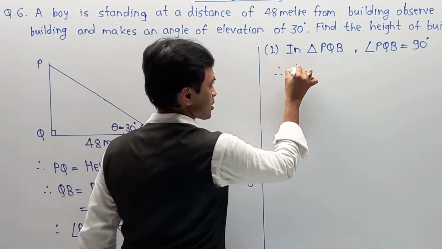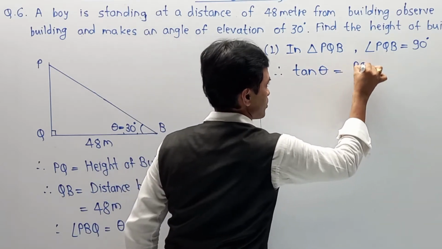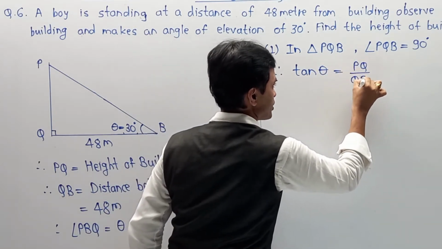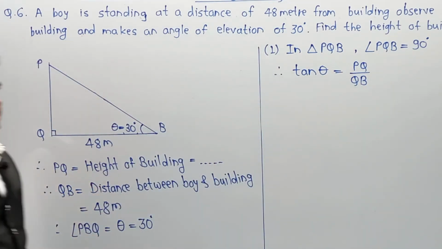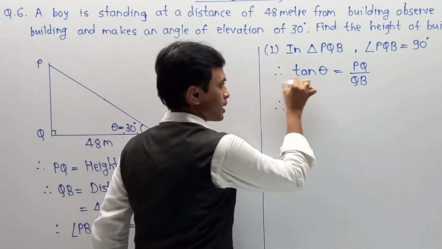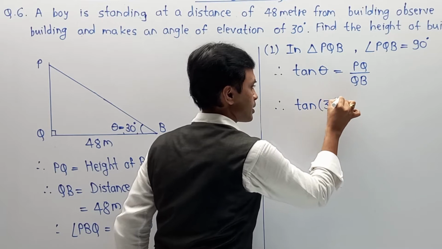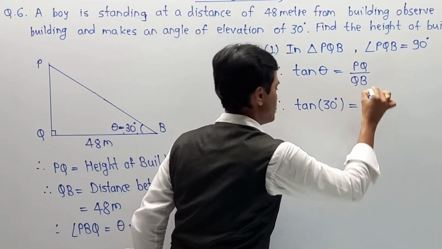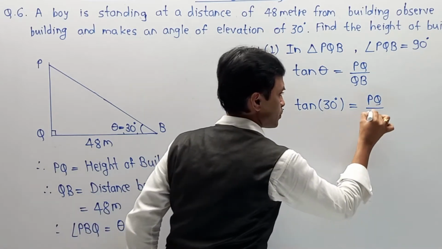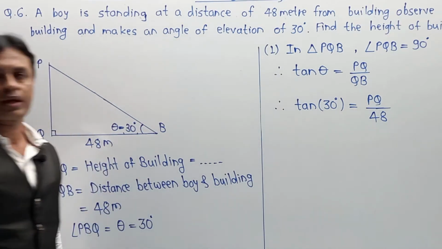Therefore, tan theta is equal to PQ upon QB. Now tan theta means tan 30 degrees is equal to PQ, that we are supposed to find, upon QB. As per the diagram, QB is 48, so this becomes 48 meters.